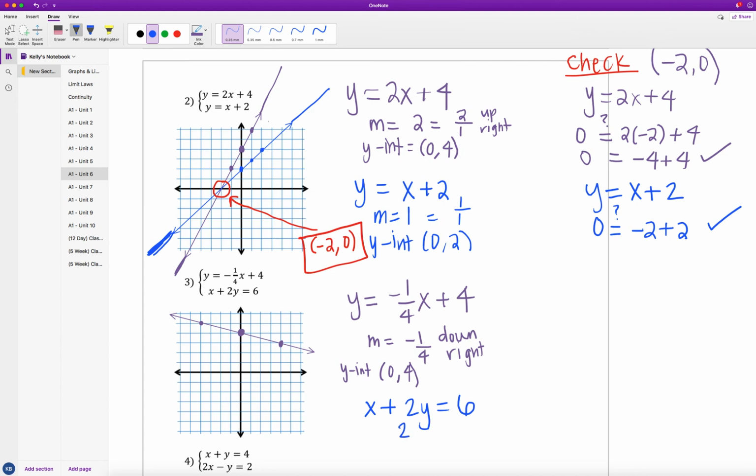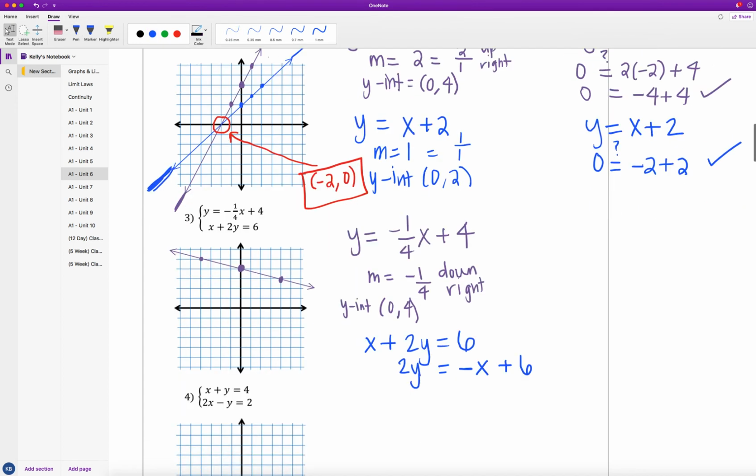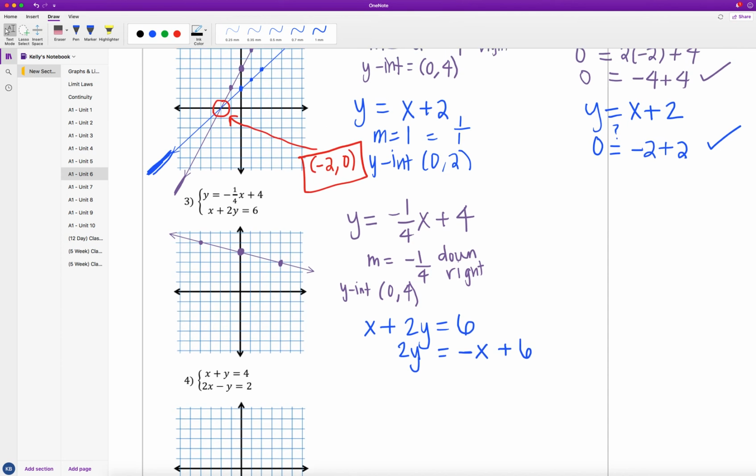So to isolate the y, I'm going to subtract the x, so I get 2y equals negative x plus 6. Then to get y by itself, let's scroll down so I have enough space. I'm going to divide through by 2, but that means I have to divide everything through by 2. So the negative x and the 6.